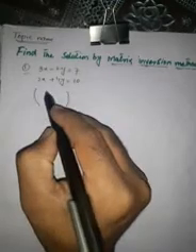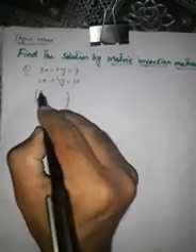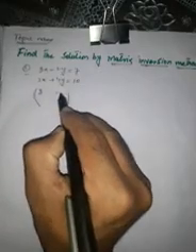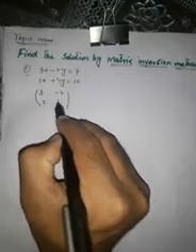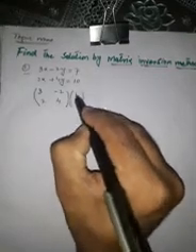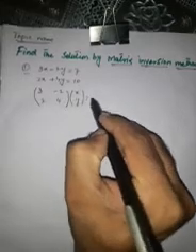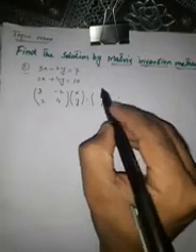First of all, the first matrix contains the coefficients of these equations, so it is equal to 3, minus 2, 2, 4. The second matrix contains the variables of the equations, that are x and y, and the last matrix contains the solution of the equations, that is 7 and 10.